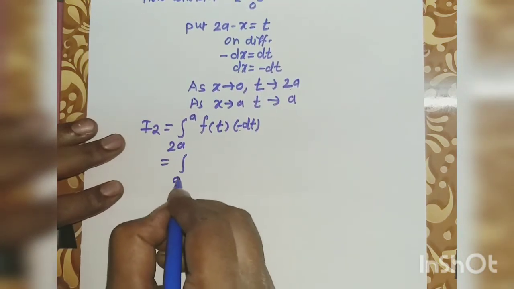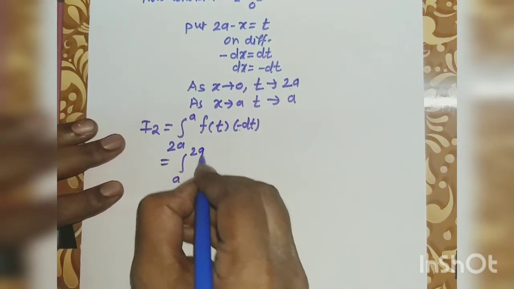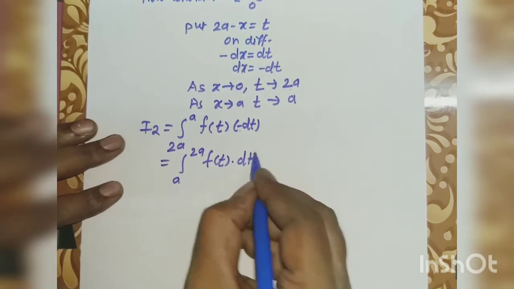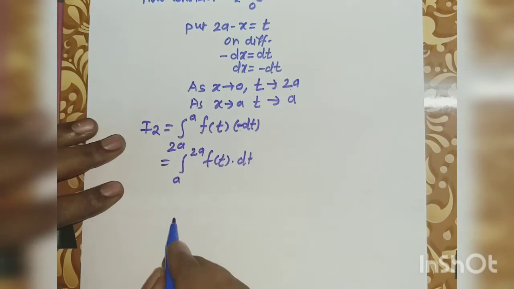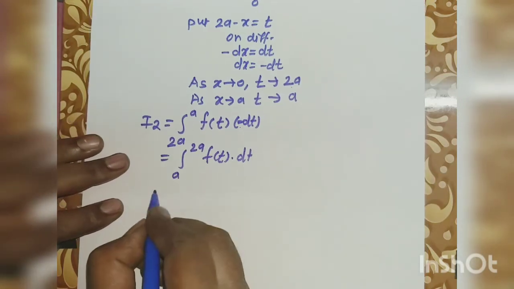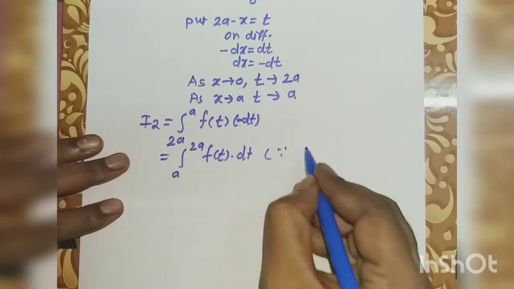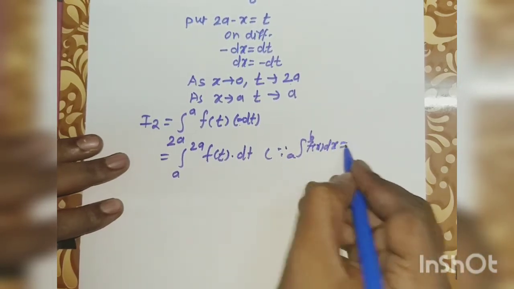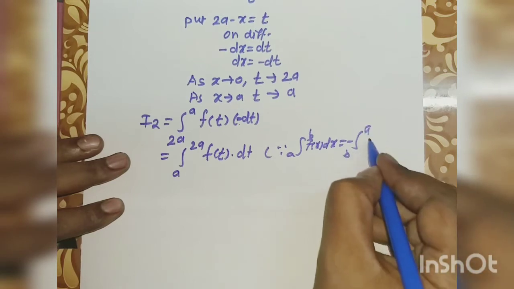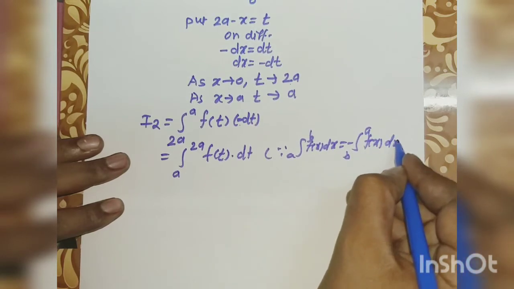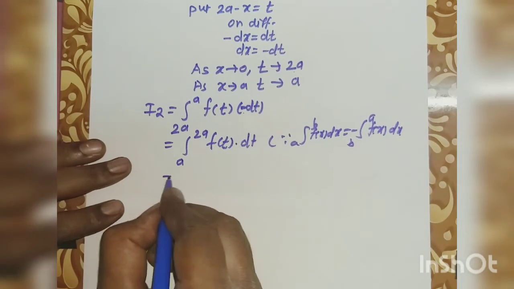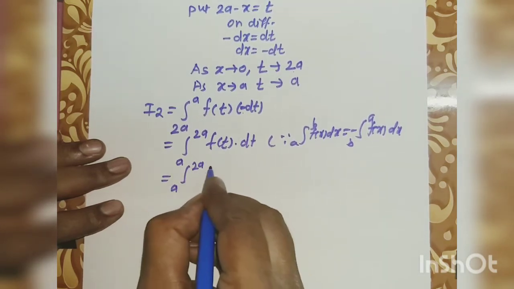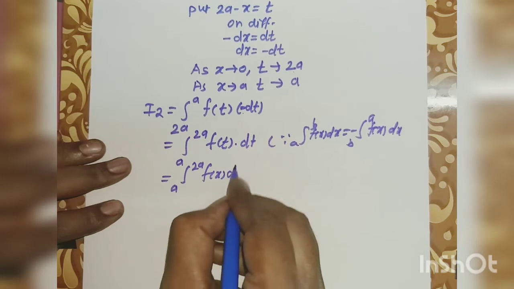That means a to 2a of f(t) dt. Now recall the property: integration of a to b of f(x) dx is equal to minus integration b to a of f(x) dx.